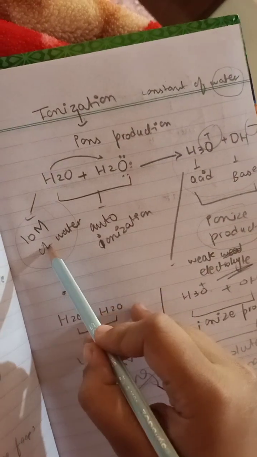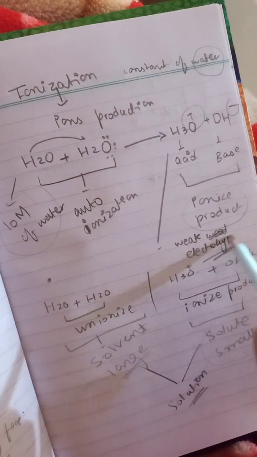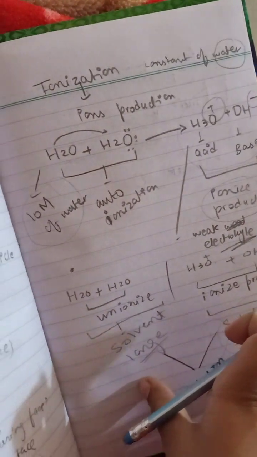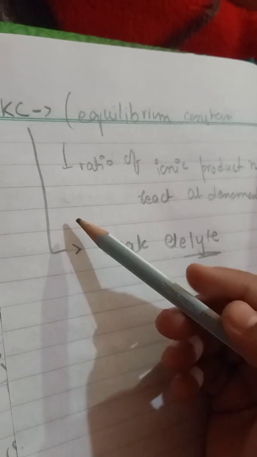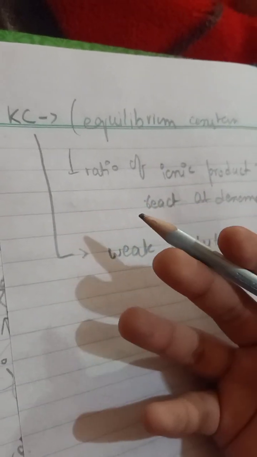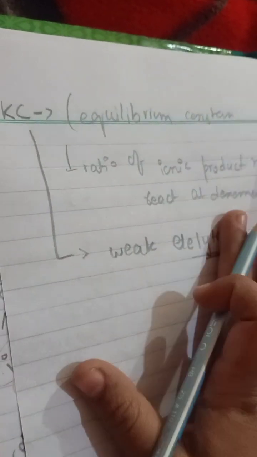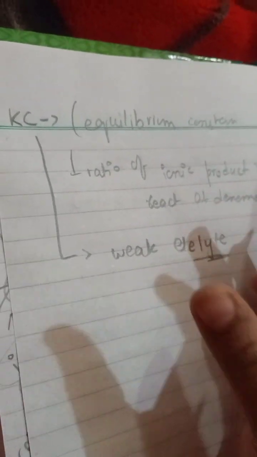As you all know, in water we have taken 10 million molecules, but only one molecule is producing product, so that is a weak electrolyte. Both the ionic product and the reactant are in the container.